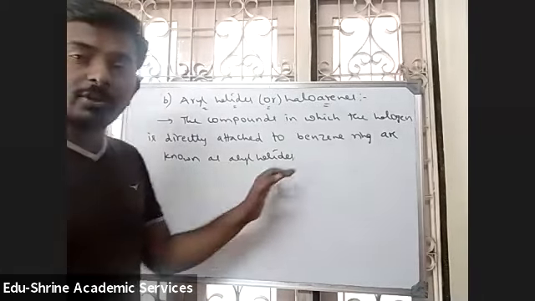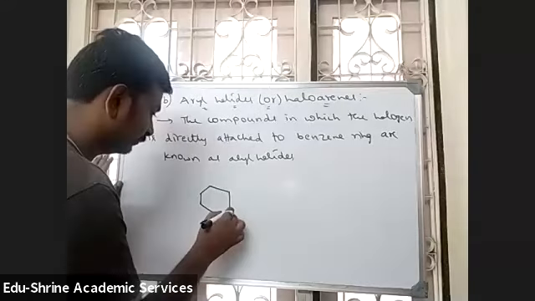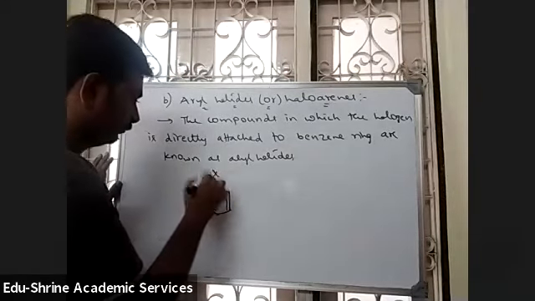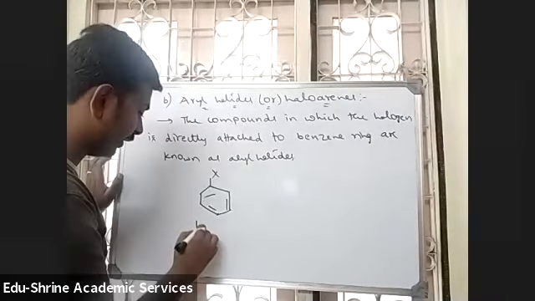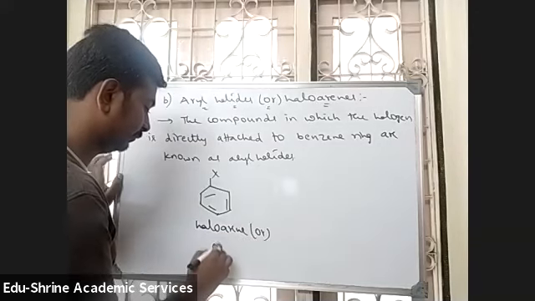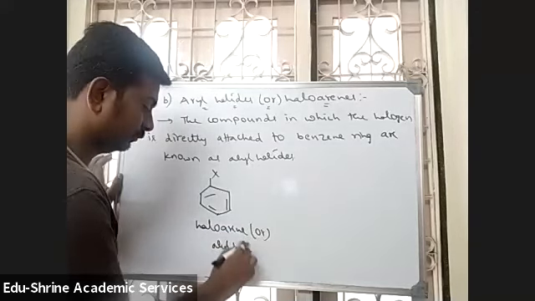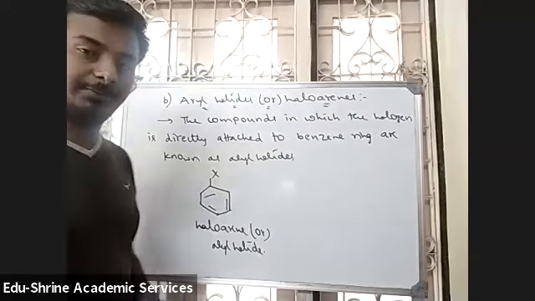So in this compound, the halogen will be directly attached to the benzene ring. For example, in this way. So this is a haloaryl or aryl halide.